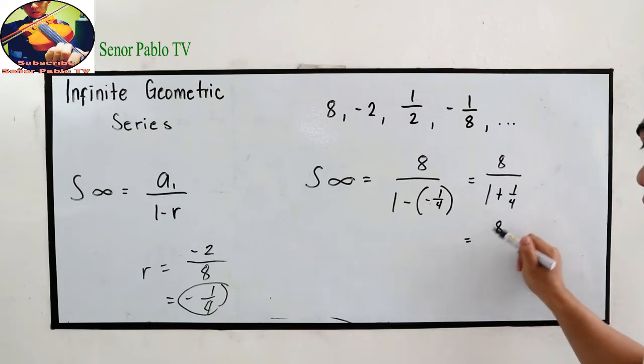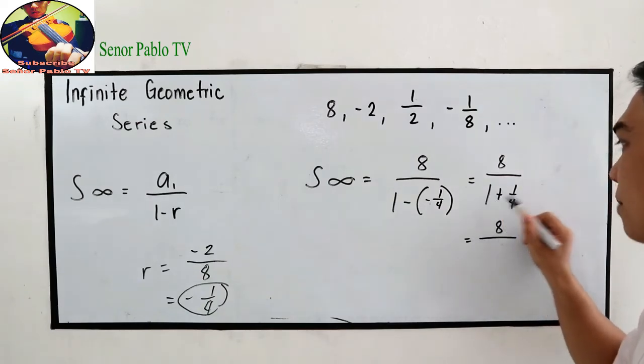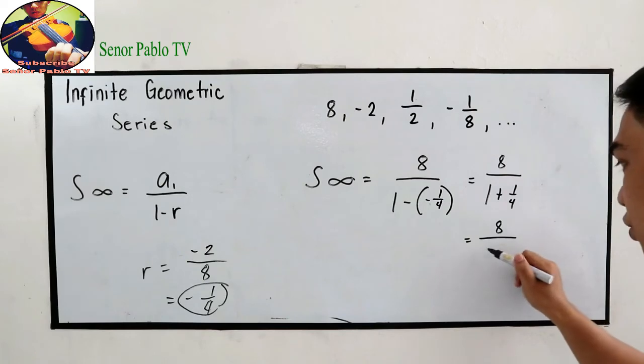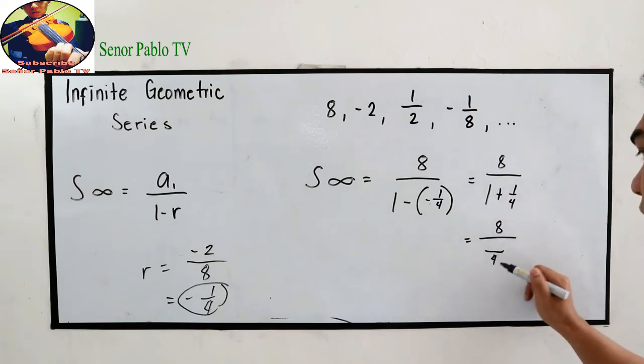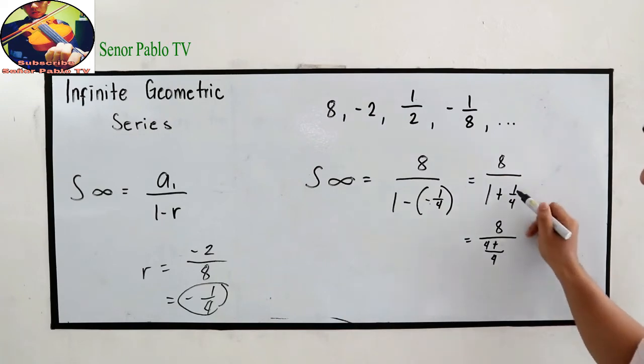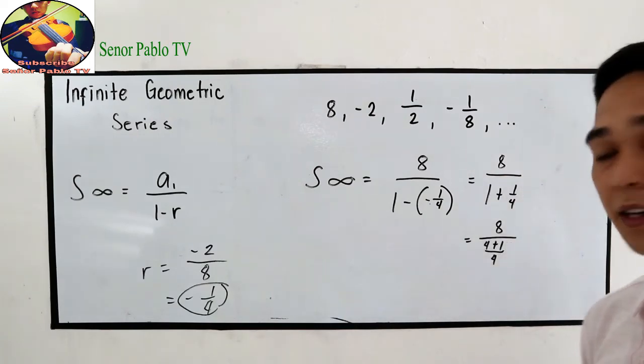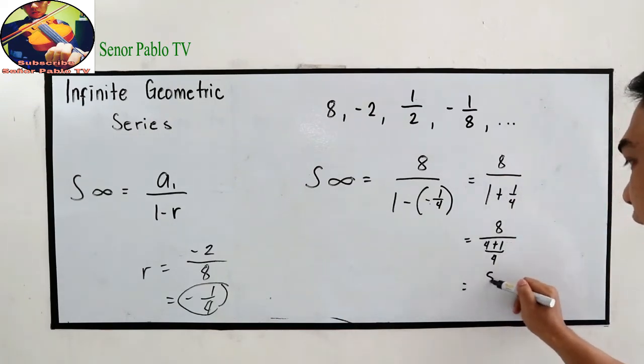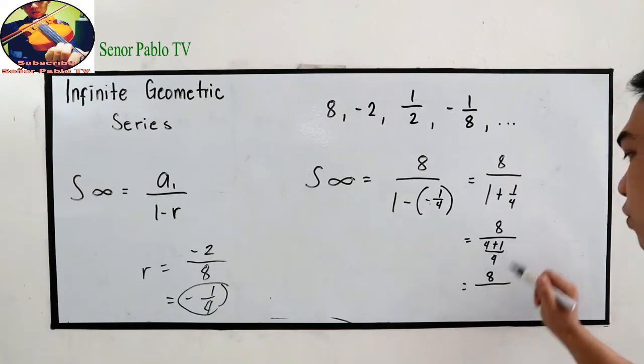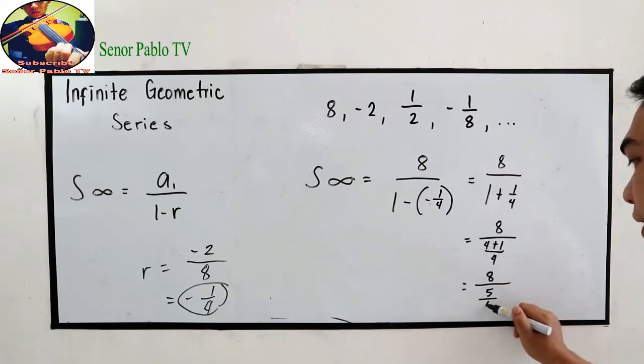So, 8 over 1 plus 1 4. So, LCD is 4. 4 times 1, 4 plus copy 1. Now we have 8 over 4 plus 1, 5 over 4.